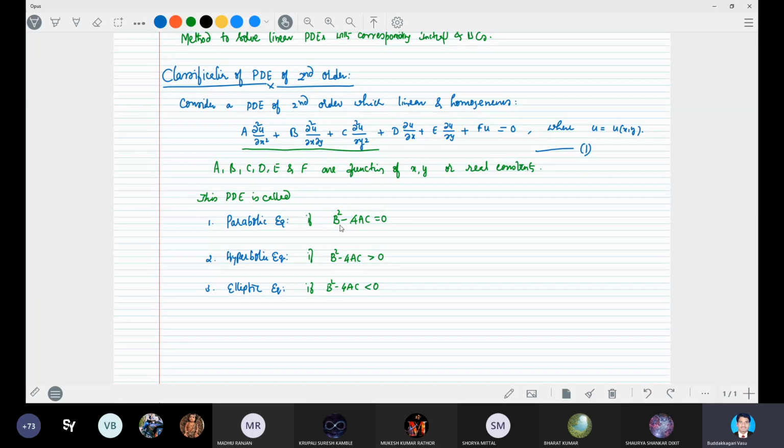If b square minus 4ac is greater than 0, we call it a hyperbolic equation, equal to 0 is called a parabolic equation, and less than 0 is called the elliptic equation. So here I would like to give you the examples for the respective classifications.